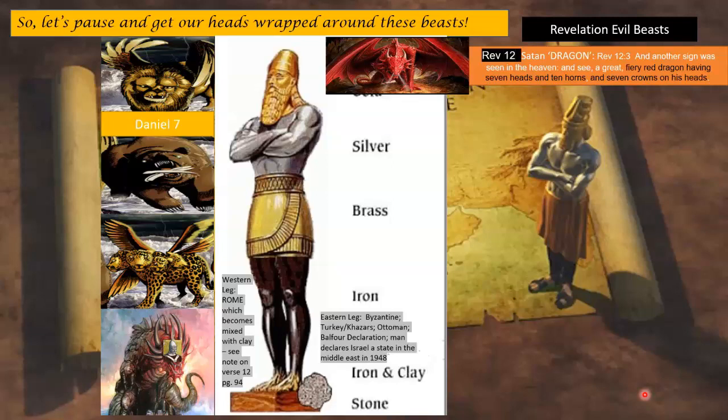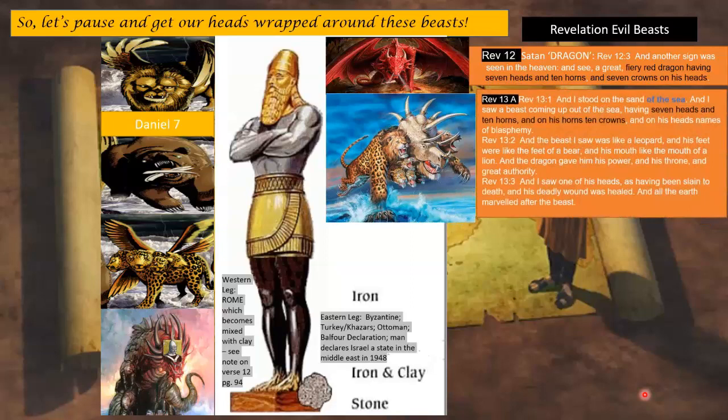I guess we could call him a dragon beast, but Satan is identified as the dragon, mainly in the book of Revelation. And it says in Revelation 12:3, and another sign was seen in the heaven, and see a great fiery red dragon having 7 heads and 10 horns and 7 crowns on his head.